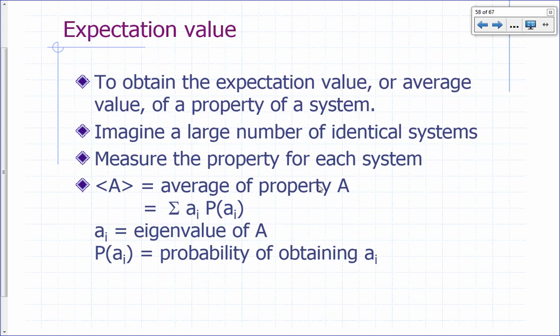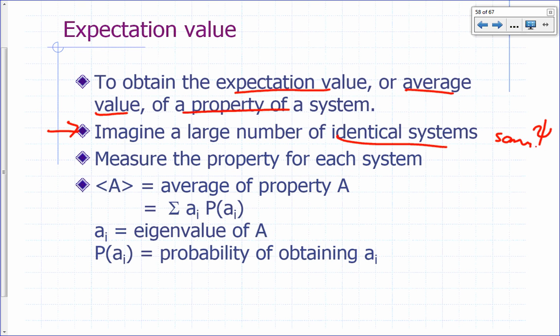Alright, so let's talk about expectation values now. The expectation value, also known as the average value of the property of the system, can be obtained by imagining you have a large number of identical systems. That means they all have the same psi.